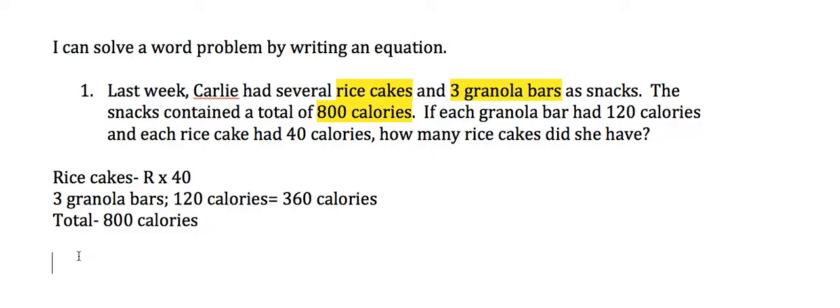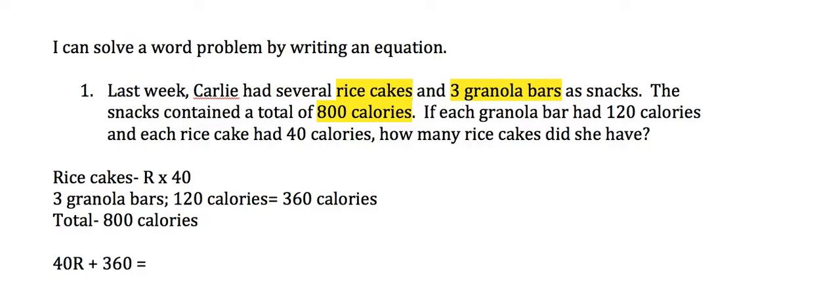So here's the equation we're going to write. 40R, which is the same as R times 40, or 40 times R. That represents her rice cakes. So 40 calories times, we don't know how many rice cakes. Okay, plus she ate 360 calories worth of granola bars. 360.